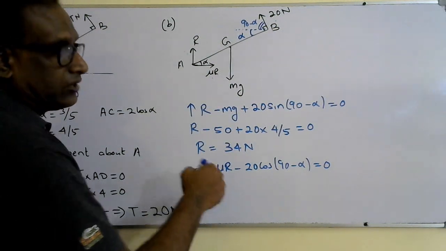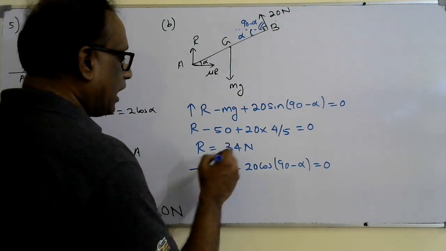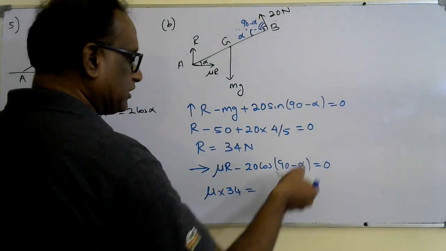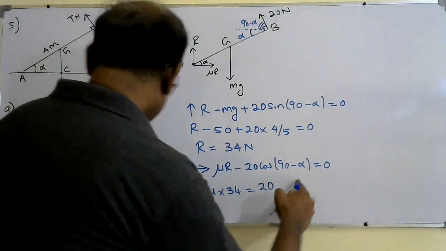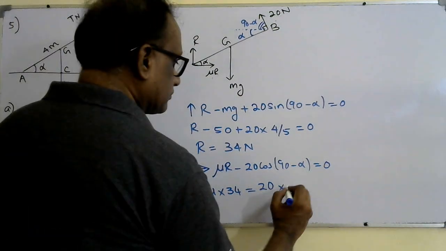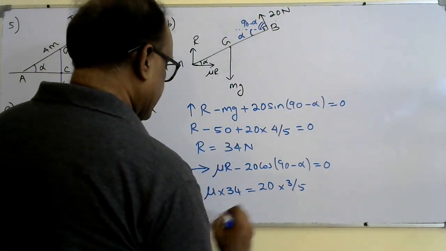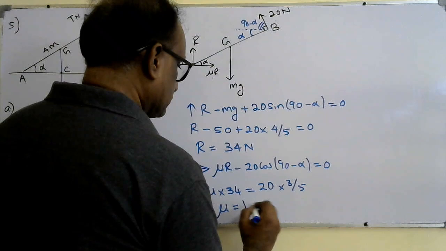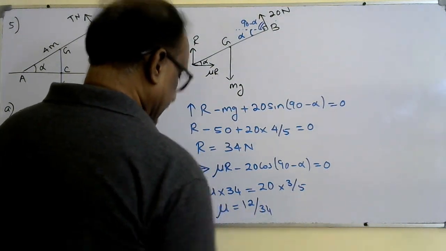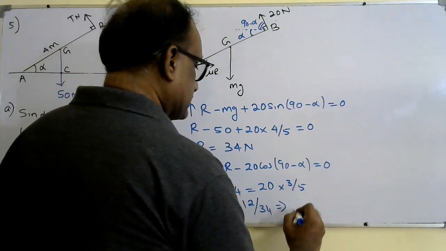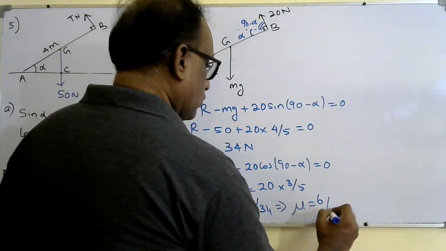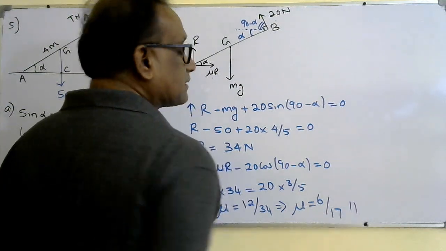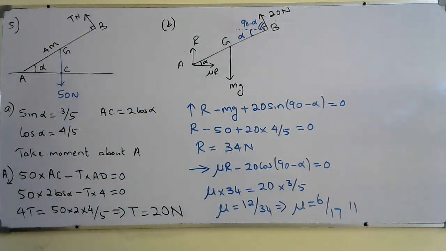So mu into R, which is 34, equals, taking it to the right, 20 sin alpha, which is 3 by 5. Solve it and find mu. You will get 12 by 34, that is 6 by 17. Mu is equal to 6 over 17. That's the answer, the value of mu, the coefficient of friction.